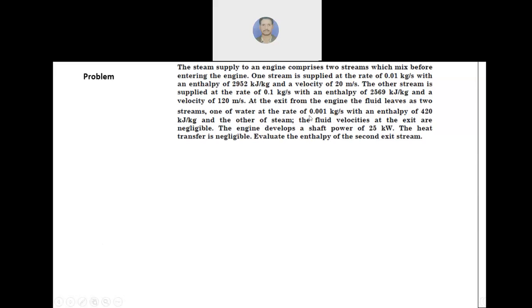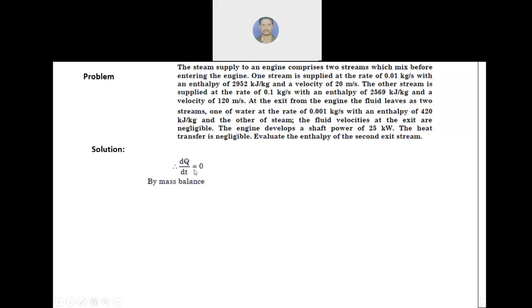One is water at a rate of this much with this enthalpy, and the other is with velocity at exit negligible. The velocity at exit is negligible, and the engine develops, meaning produces, power. Work is plus 25, and heat transfer is neglected. So you have to neglect Q. You have to find the enthalpy of the second exit stream. Now come to the expression.